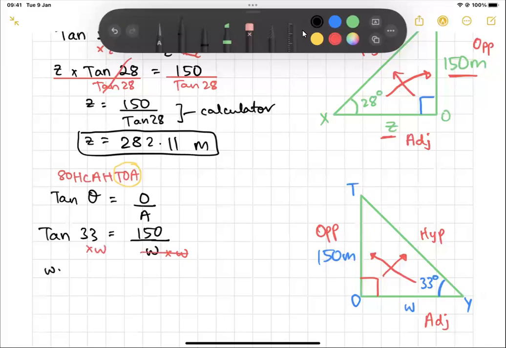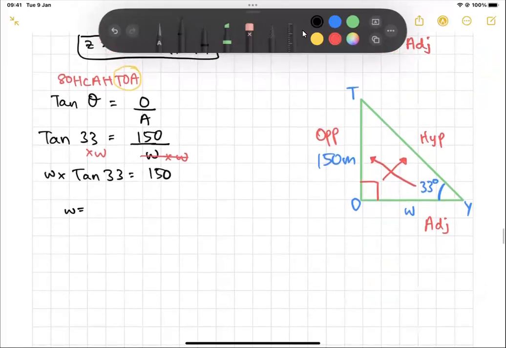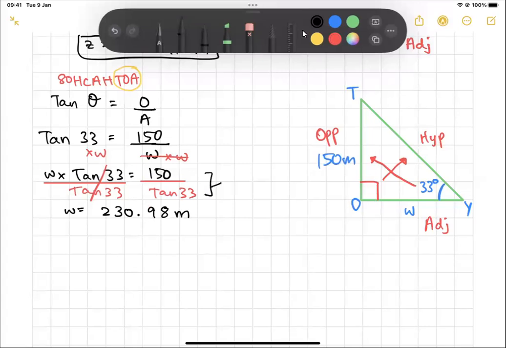Tan 33 equals, my opposite is 150 over W. Do the exact same. Make sure that the W is not in the denominator, so I'm going to cancel this out. I'm left with W times tan 33 equals 150. How do I get W by itself? I'm going to divide by tan 33 on both sides. These will cancel out, and I get in the calculator 230.89 meters.